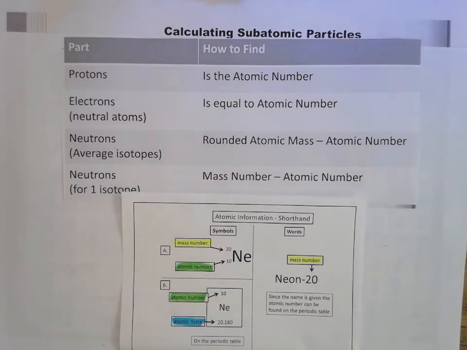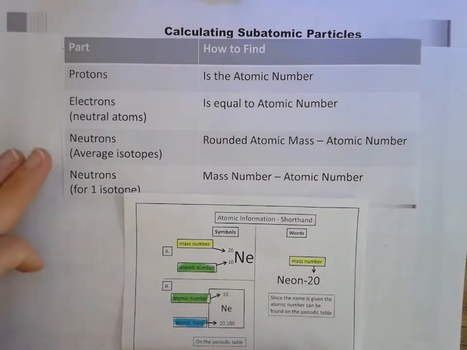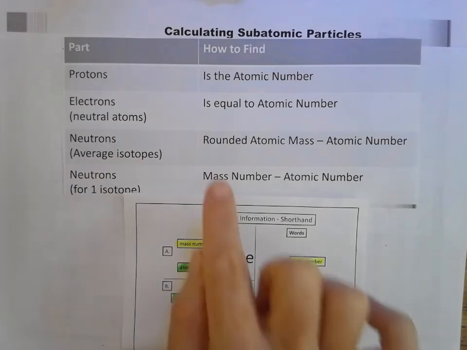If you're trying to figure out the number of electrons in neutral atoms, it is equal to the atomic number or equal to the number of protons. And you would find that the exact same way that we found the number of protons. Neutrons, we do have to do some subtraction. If you have neutrons and you're doing the average of all the isotopes, you round the atomic mass.